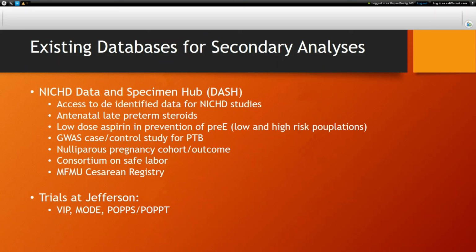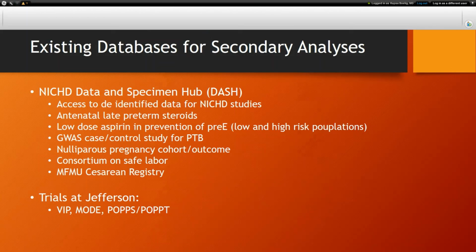Also important to keep in mind that we have existing databases at Jefferson of completed trials. So VIP, which is recently completed, was our progesterone trial. So it's a population of patients, singletons with prior preterm birth.